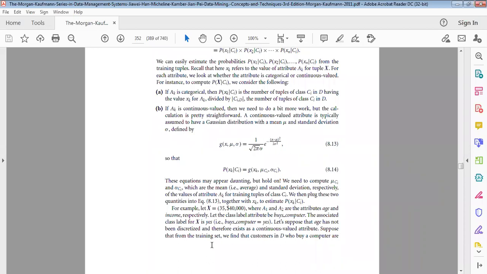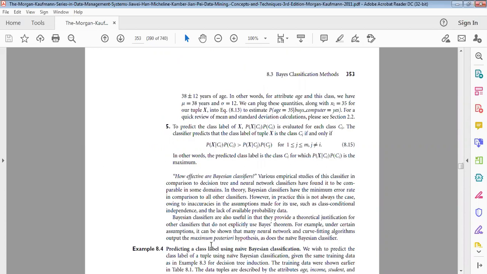Suppose that for the training set, we find that customers in D who buy a computer are 38 plus or minus 12 years of age. In other words, for this class we have a mean of 38 years and a standard deviation of 12, and we have to consider ages around 35 years, plus or minus 12 years.